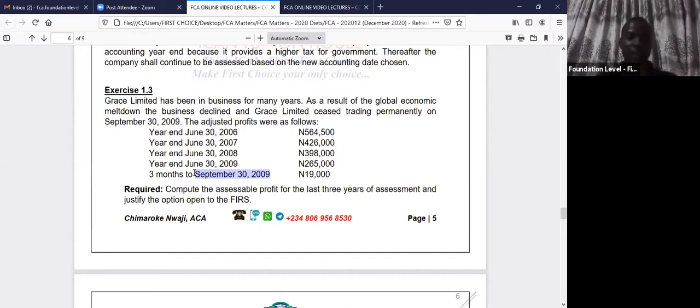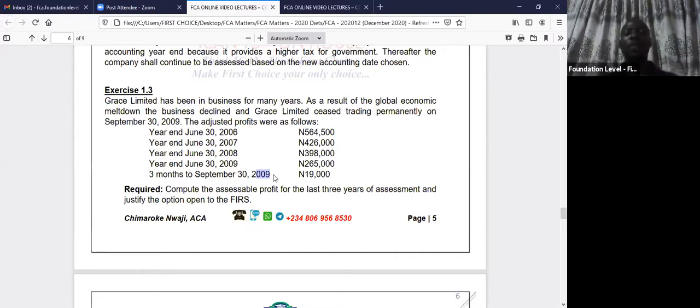Now, there are two relevant years you should recognize when doing the cessation rule. You need to know the year the business ended. How will you know the year the business ended? Look at the date the business ended. 30th September. What year? 2009. So the year the business ends is 2009. You need to know the year before the business ended.